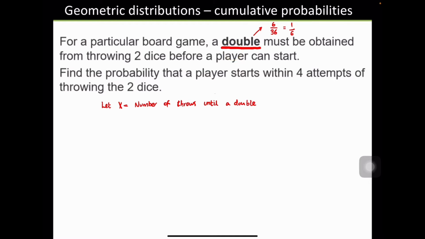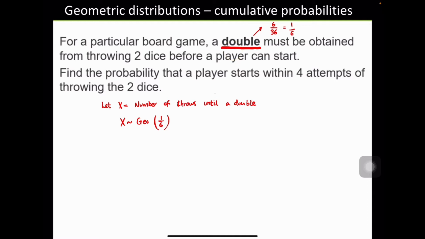Remember, a double is the success in this particular geometric distribution. So I'm going to write X is geometrically distributed with probability 1 over 6. That's the probability of success.